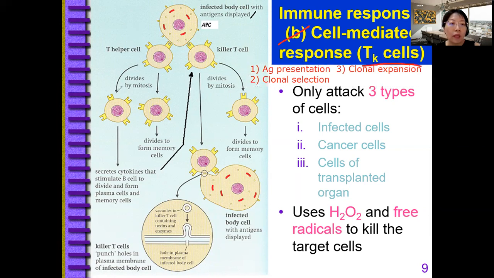So over here, the T helper cell undergoes clonal selection, then clonal expansion, dividing by mitosis and differentiating into memory cells and active T helper cells.